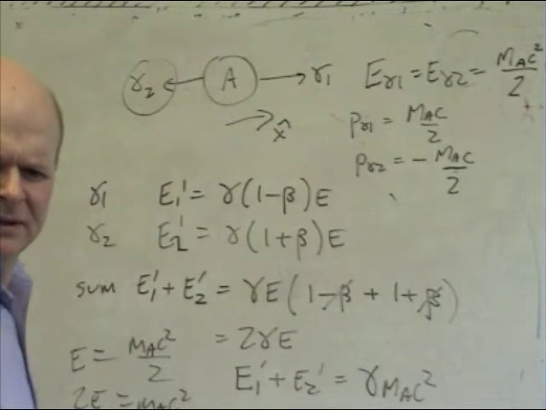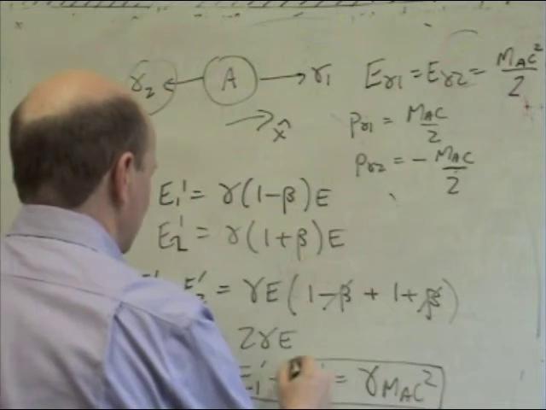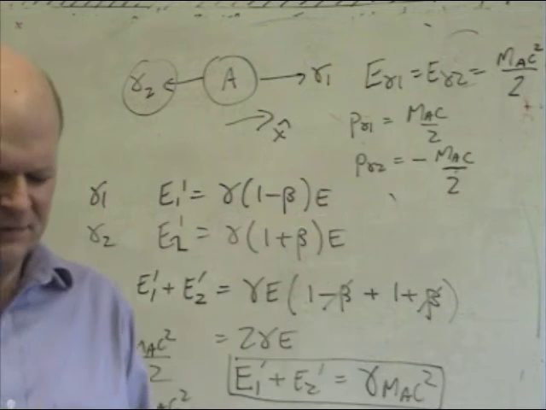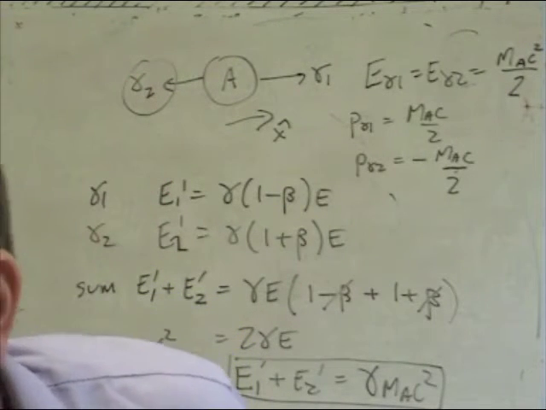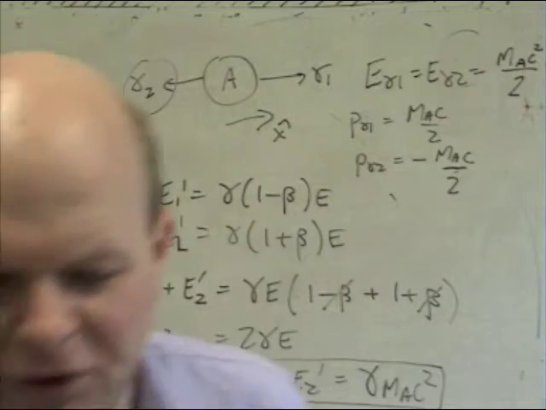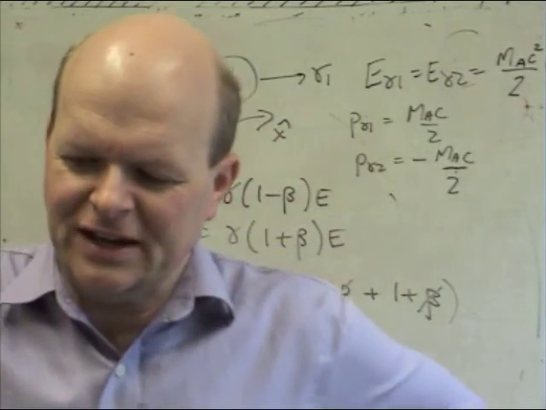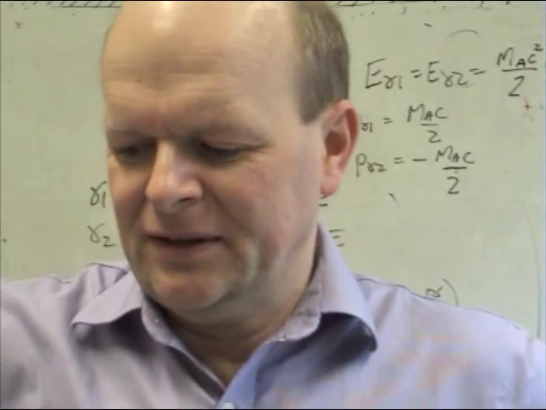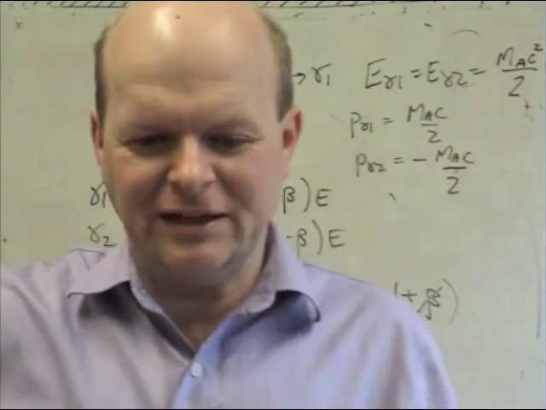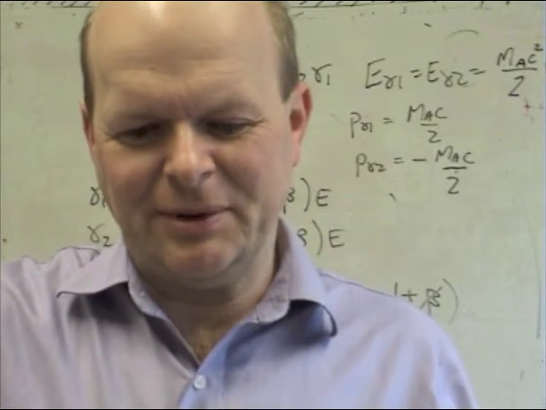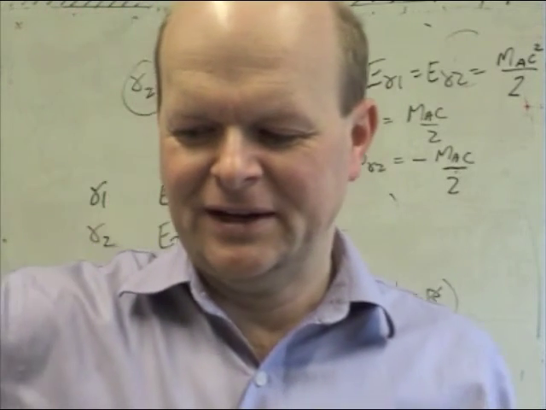All right? The interesting point is that you could have actually come to that result a completely different way. You know that energy is conserved as long as you stay in one frame before and after the decay. Right? Now let's stay in the moving frame. In the moving frame the total energy of the decaying particle is gamma times its rest energy, so gamma times m a c squared.